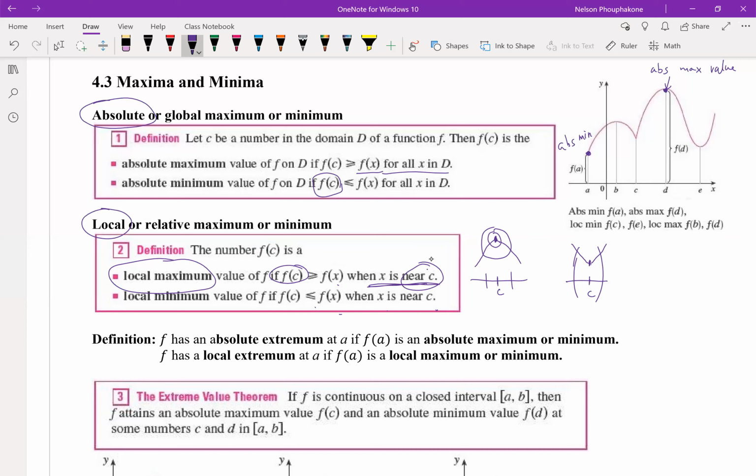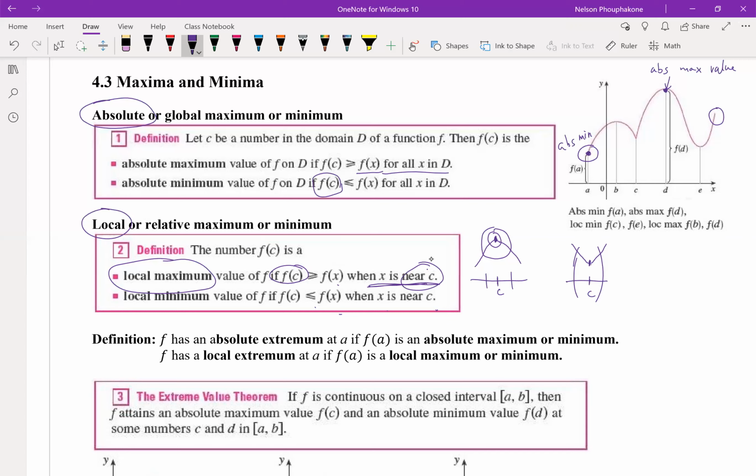Now, one thing about this is, when we talk about the local maximum and minimum, we are not looking at the endpoints. This means in this case, we are not looking at a and this point right here. We are looking at anything in between, in between the domain. However, when we talk about the absolute maximum or minimum, we also consider the endpoints as well.